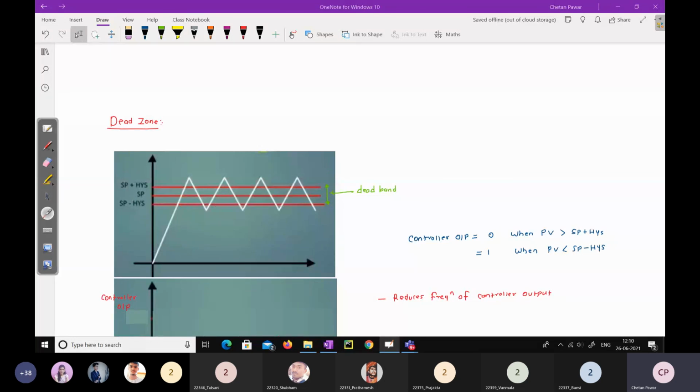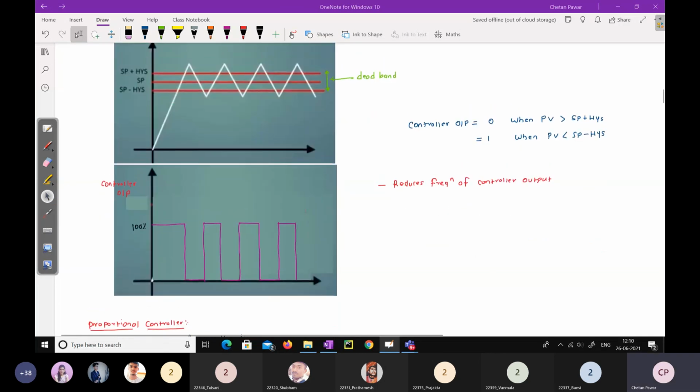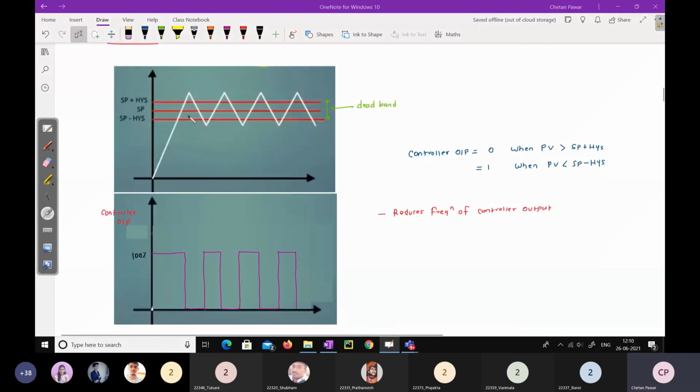Because of this, if you see here, when the process value is greater than SP plus hysteresis, only at that time will the controller output shift from 100% to 0%. Before this value, the controller output is 100%.